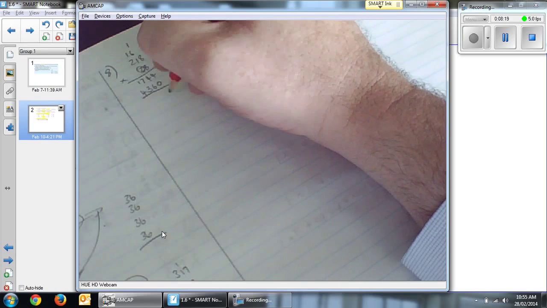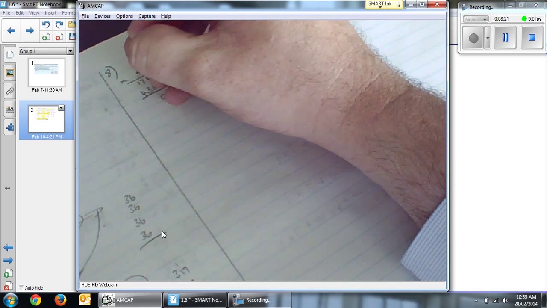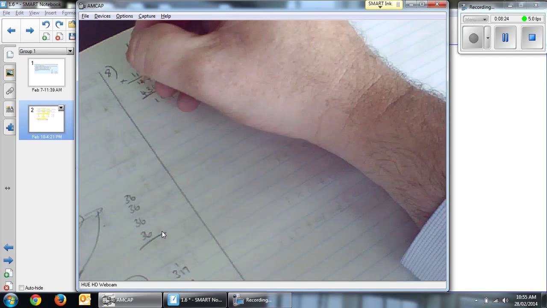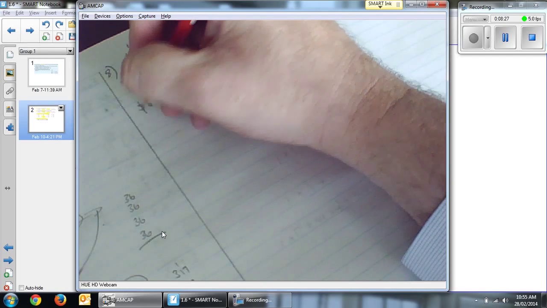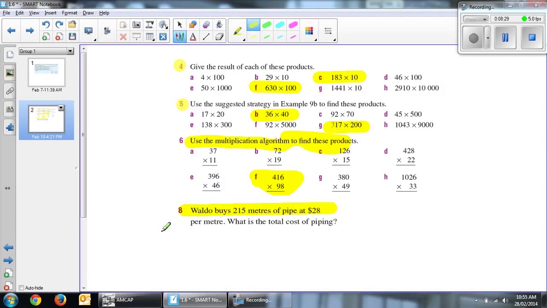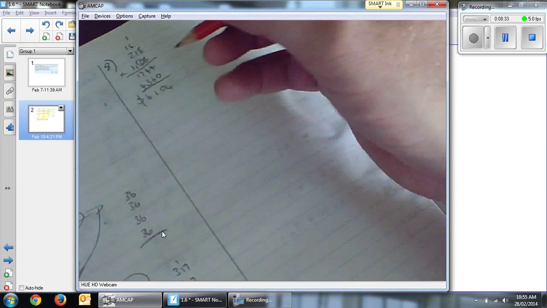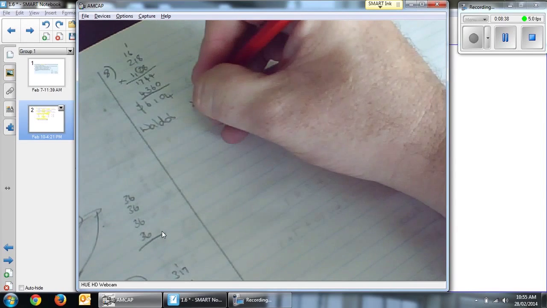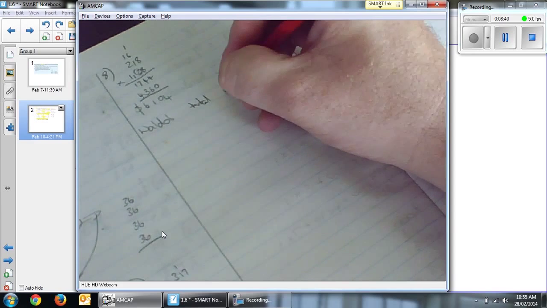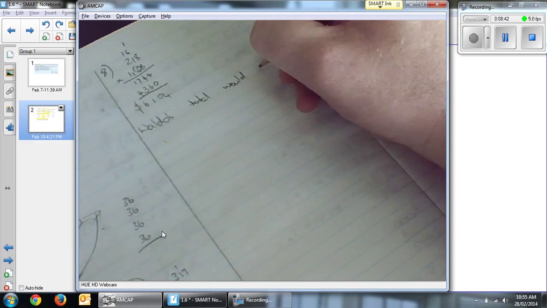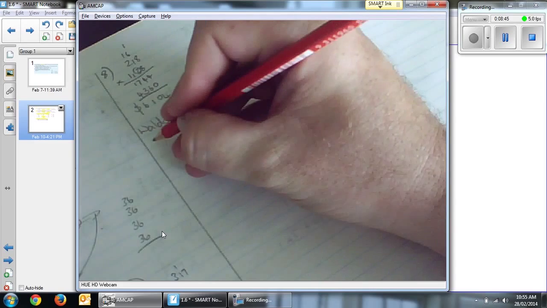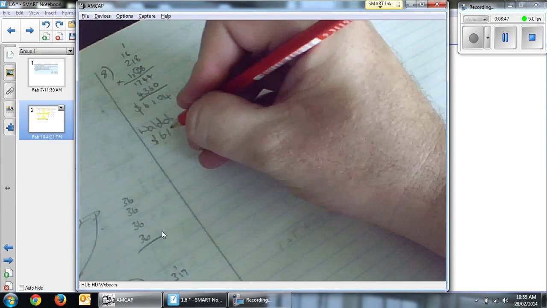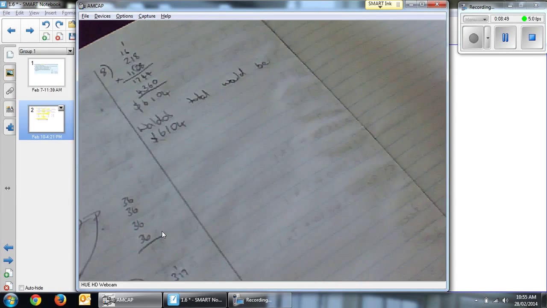Now all we do is add them up. 4, 10, 11, 6. So, in this instance, make sure you answer it correctly because it's problem solving. So, Waldo's total cost would be $6,104. Hopefully that helps.